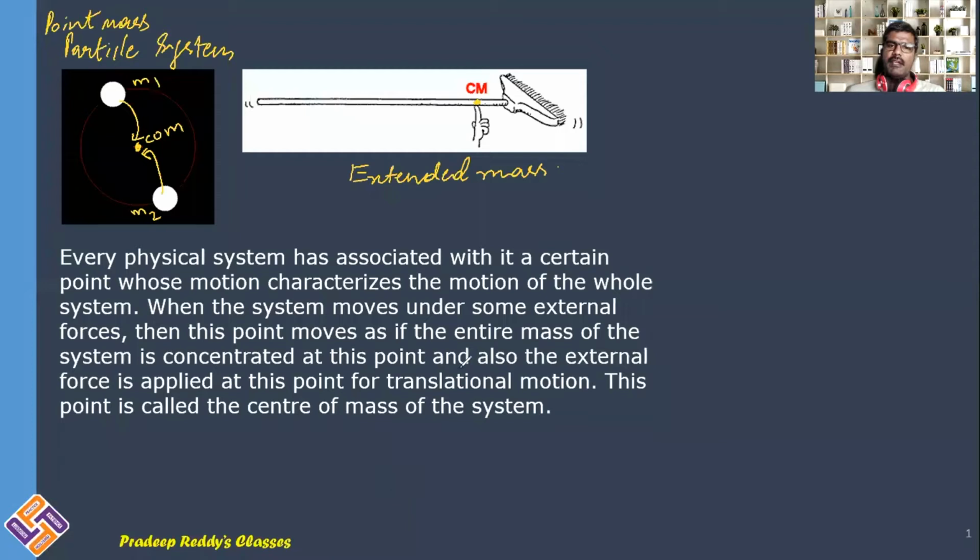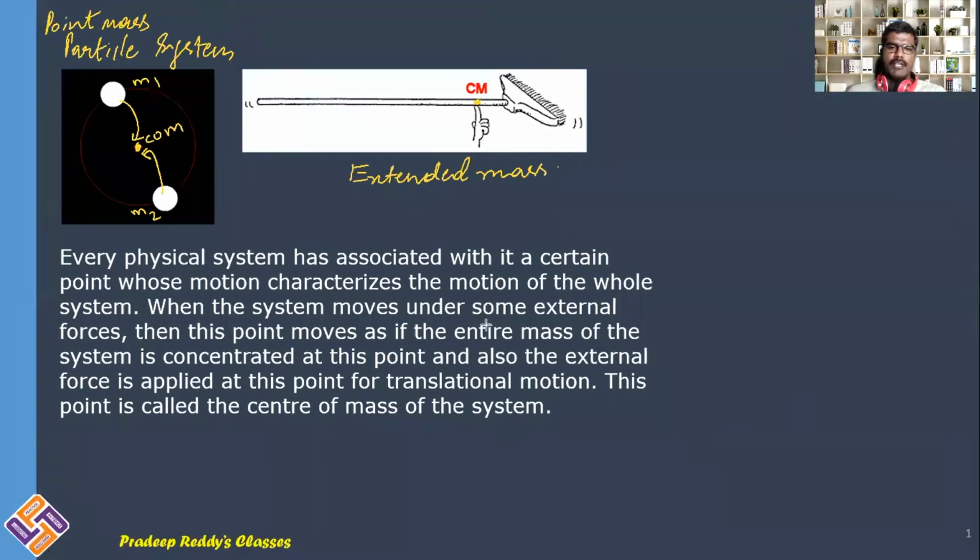So in order to study the motion of a system of particles, we need to calculate their center of mass. So we will be using a procedure to calculate center of mass of the system. How to calculate it, we will be learning in this video lecture.